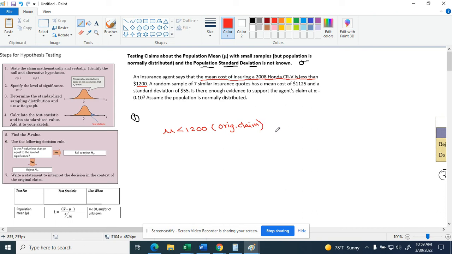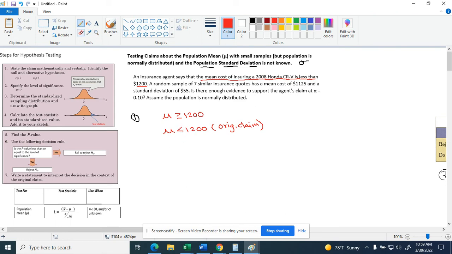Now, every claim has a counterclaim. Basically, if I claim one thing, somebody can counterclaim what I'm saying by stating the opposite. So what is the opposite of being less than 1200? That the mean is greater than or equal to 1200. That's the opposite of being less than.